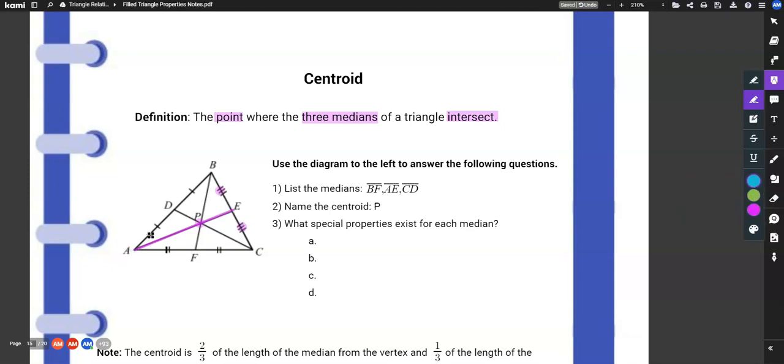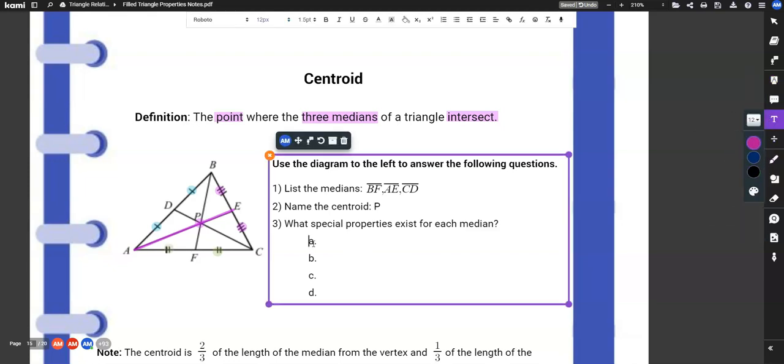Same thing here, vertex to midpoint to D, and B to F. F is the midpoint. So the special characteristics, and again, we are focusing on segment AE for this one. So the first special characteristic is AP is equal to 2 times the length of PE.